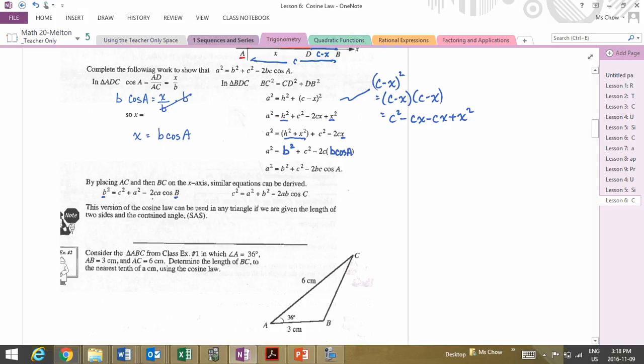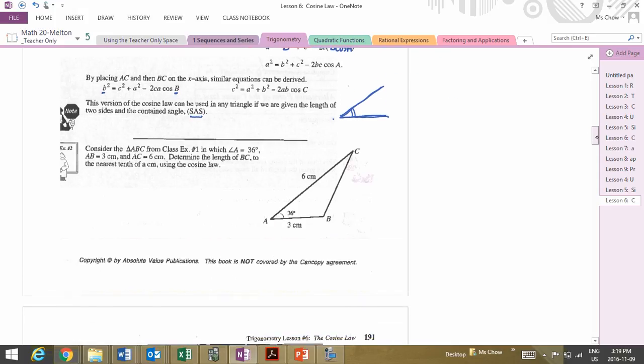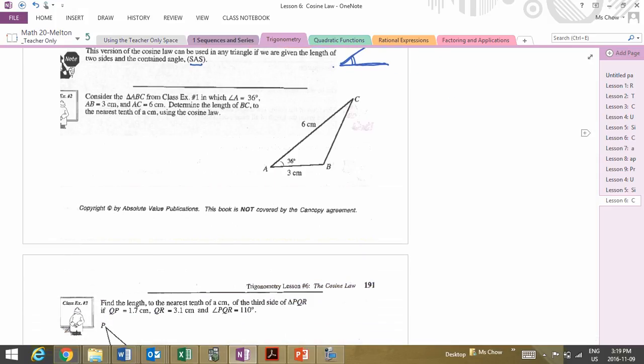So that comes into play anytime we have a triangle where we have two given lengths and the angle that is between them. And so that's why they're saying we have the side, the angle, and the side. So side, angle, side.